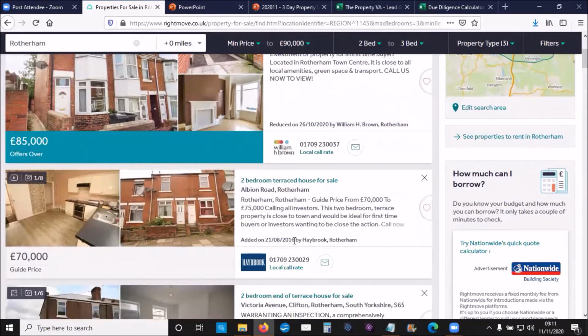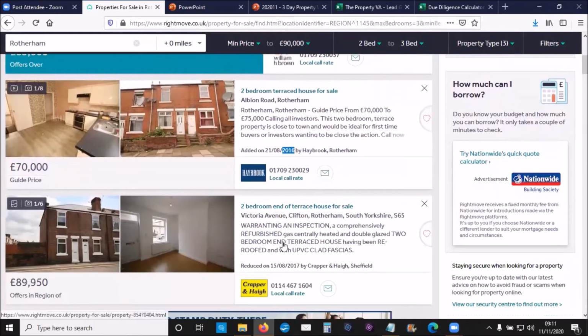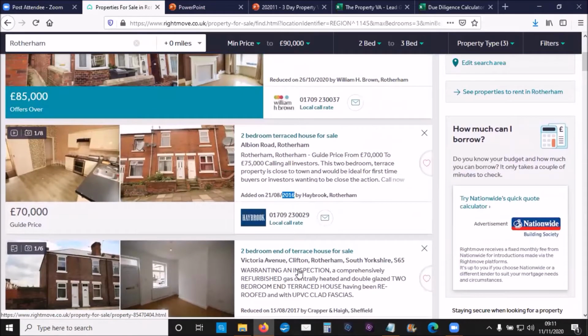Gosh, this one was added in 2016 and I wonder why it still hasn't been sold. 2017. Okay, we are gonna go to this property, which is a 2-bedroom terraced house for sale in Albion Road, Rotherham. It was listed in 2016. 4 years later, it still hasn't been sold. Let's find out why.